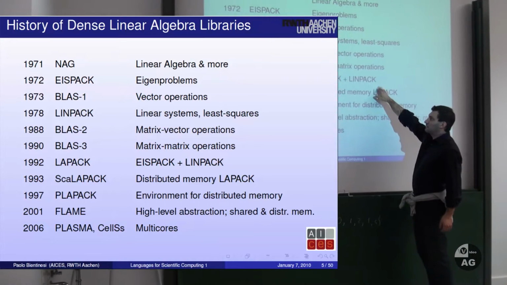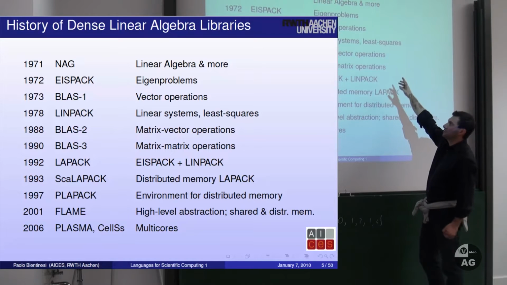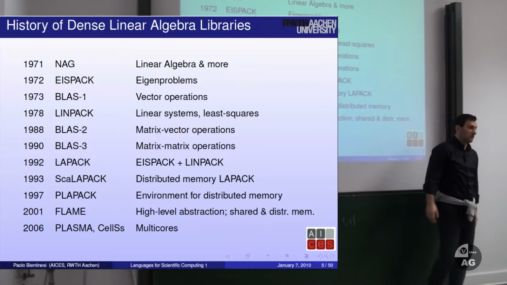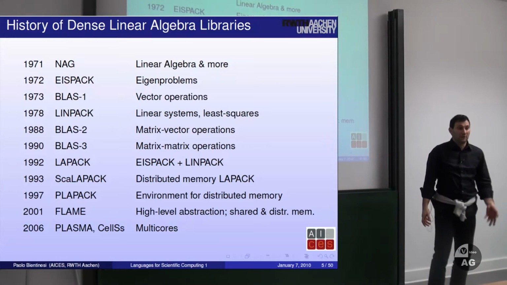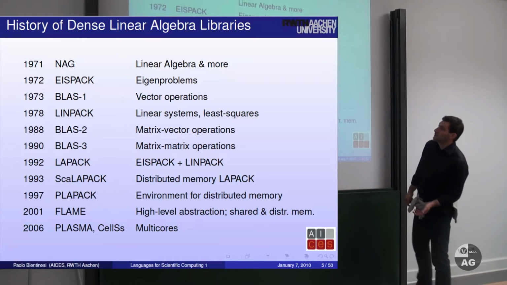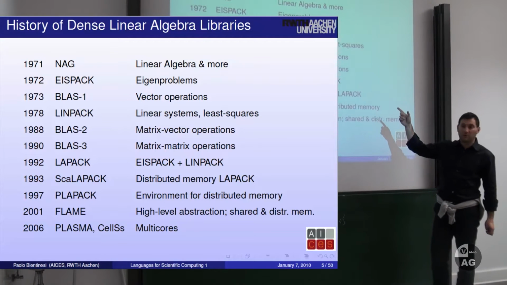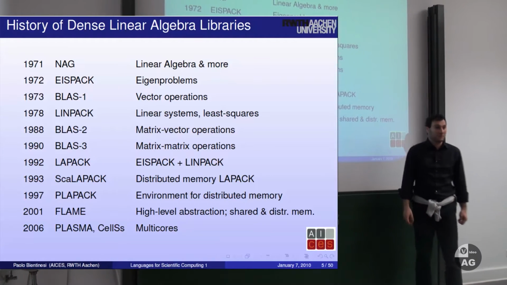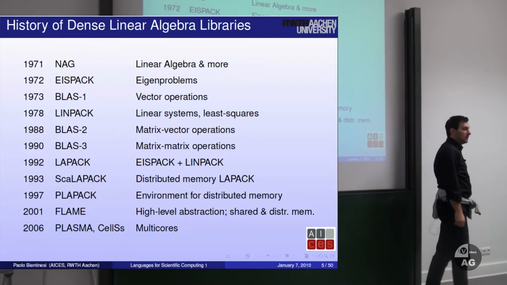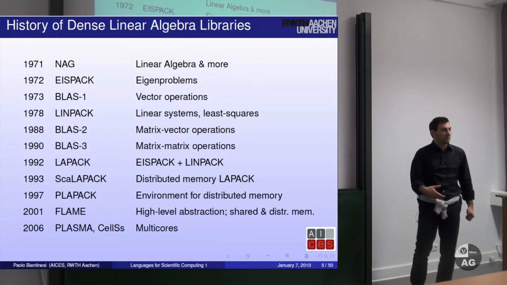Then LAPACK, going back to LINPACK, why is it so important? Even nowadays, more than 30 years later, we are still using LINPACK to rank the fastest supercomputers in the world.